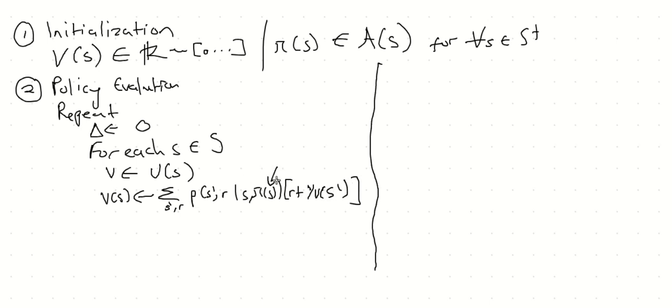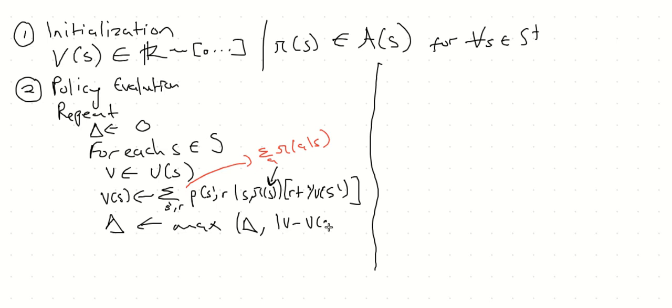But don't forget that the policy can be a probability distribution as well, in which case we also need to add the term here. Make sure you're careful about this. In case the action space is also a probability distribution, you might need this term here. Just go to the previous lecture and you'll understand what that is. And then we update our delta to be the maximum between the current delta and the absolute value of v minus V(s), right?